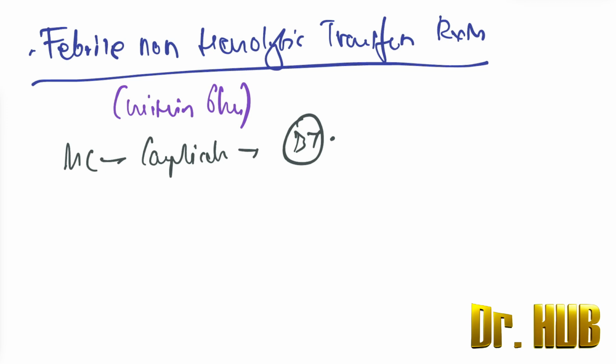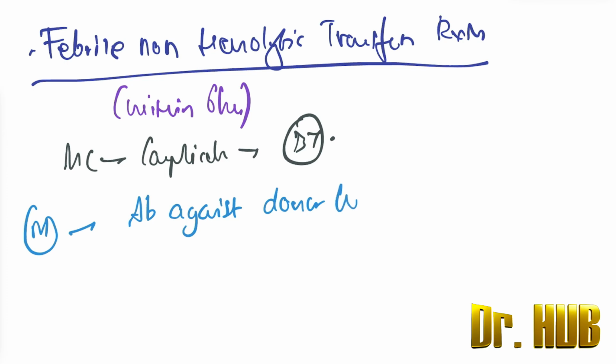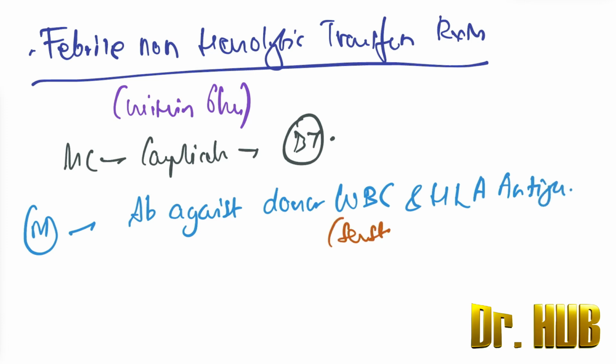How is the mechanism? The antibodies are against the donor WBC as well as the HLA antigens. This is nothing but sensitization. Then comes the cytokine accumulation during blood storage.